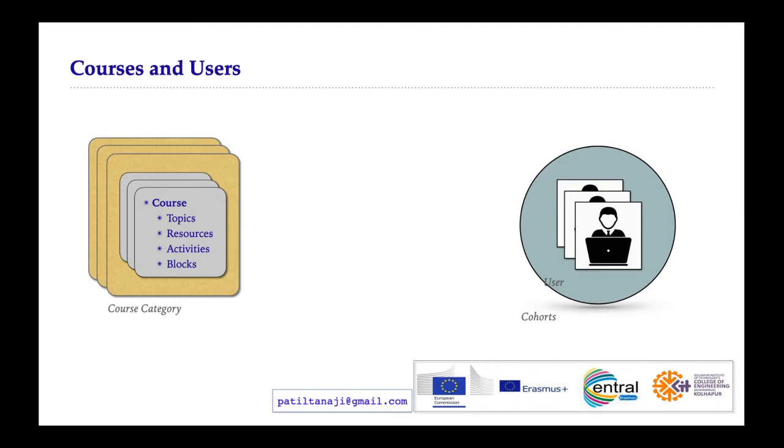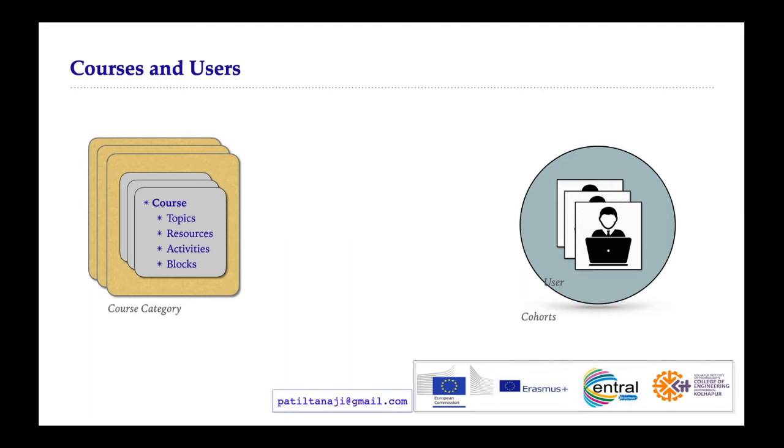The advantage, as I mentioned, of the cohort is that if we have a cohort, then users can be easily enrolled in a course, or a series of courses in case of a course category, in a single action.